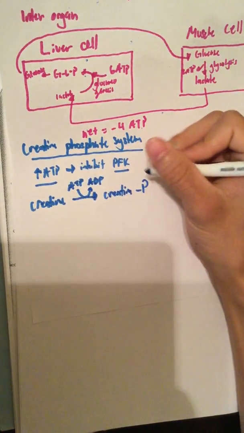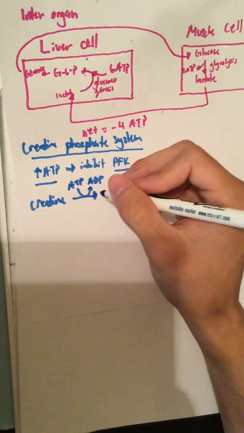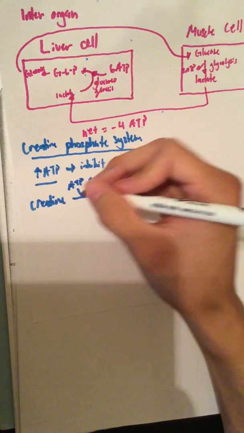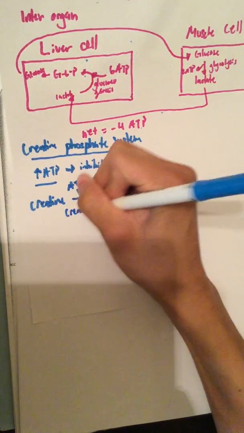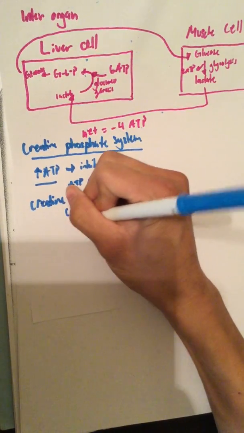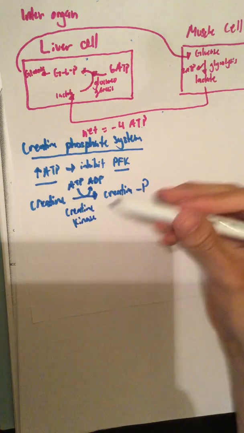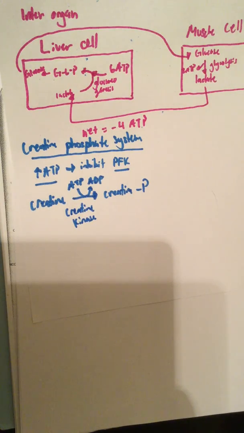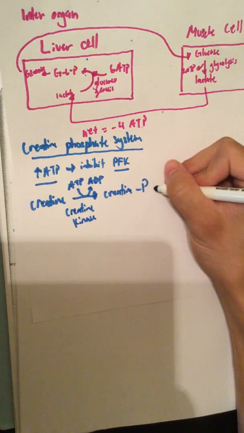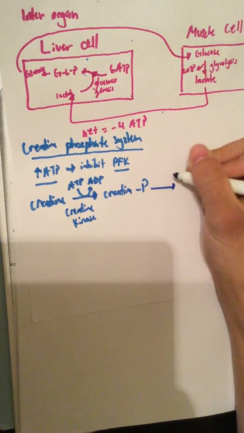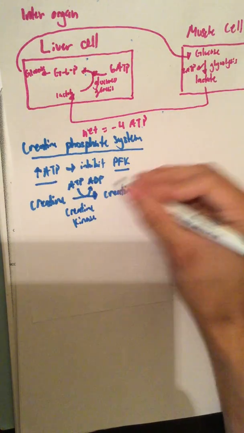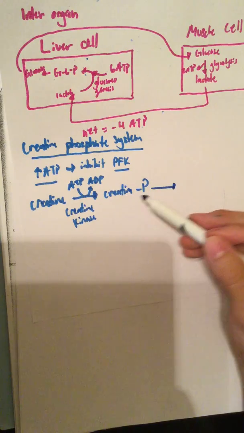I'm just going to put creatine P. This is catalyzed by an enzyme known as creatine kinase. Some people say creatine phosphokinase. Some people abbreviate it CK, some CPK. Whatever you want to do. So this is our storage of that high phosphorylated energy.